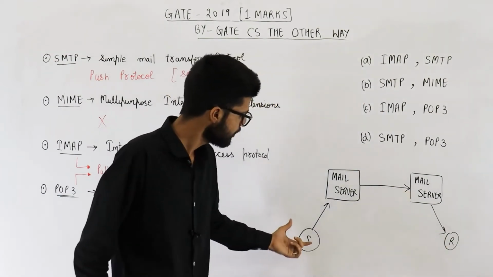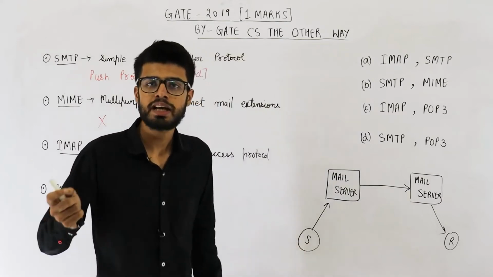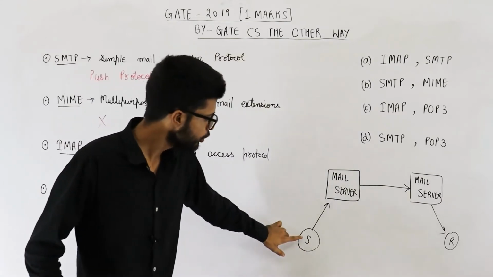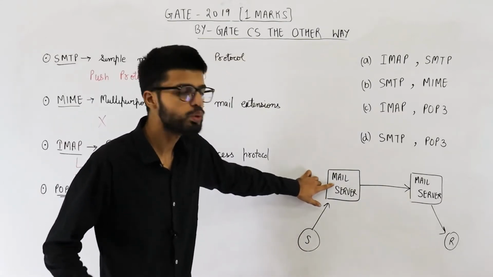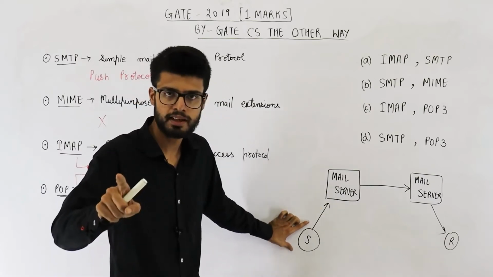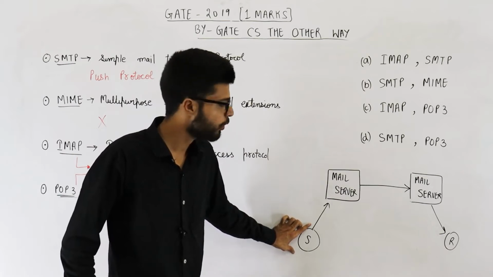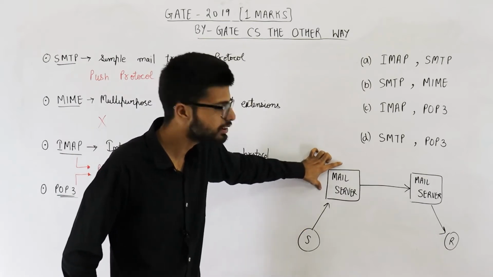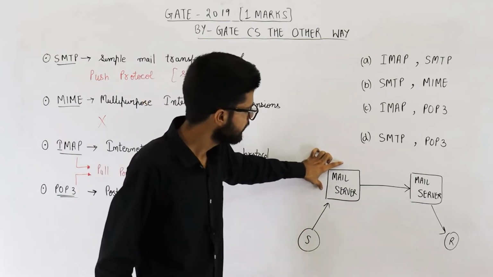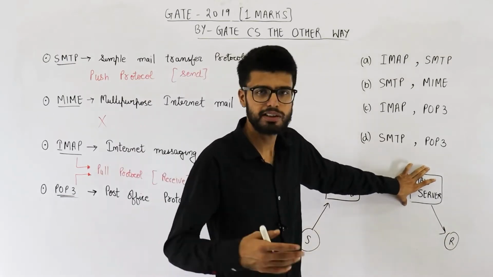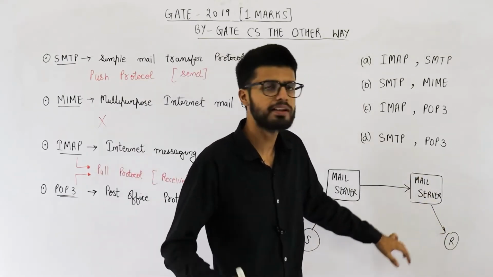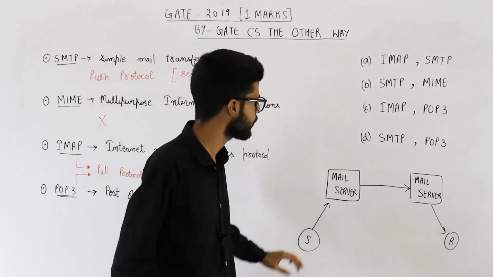Sender is going to use the SMTP protocol to push the email to its server. Suppose you are the sender and you are using Gmail. You will use the SMTP protocol to push email to the Gmail server. Then suppose this is maybe the Yahoo server, and the receiver's email is something@yahoo.com.